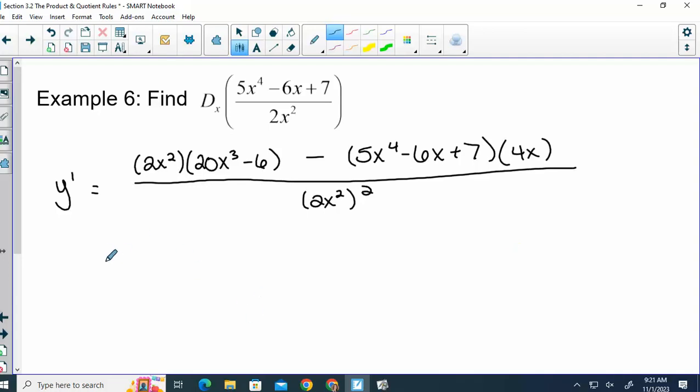Okay. Let's try to clean this up. Is everybody okay with how I set up that first fraction? So if we distribute, we get 40x to the fifth minus 12x squared. Can I distribute this negative and my 4x at the same time? So minus 20x to the fifth plus 24x squared minus 28x.